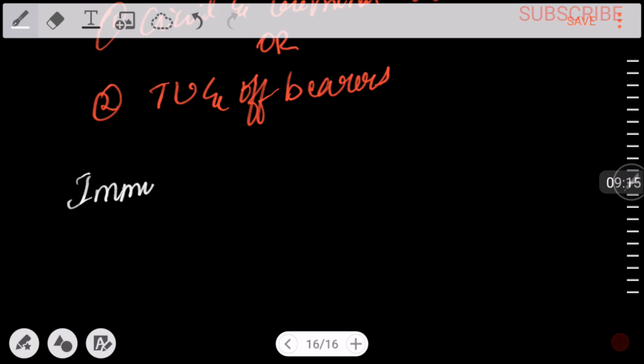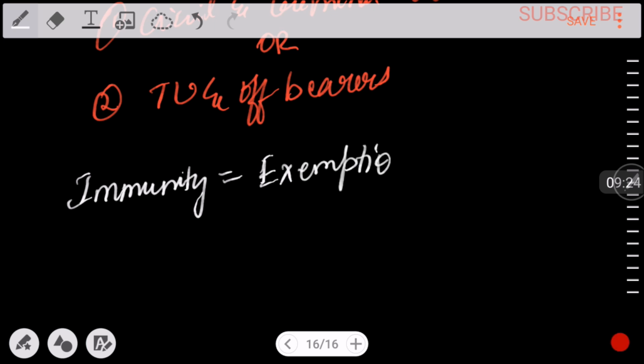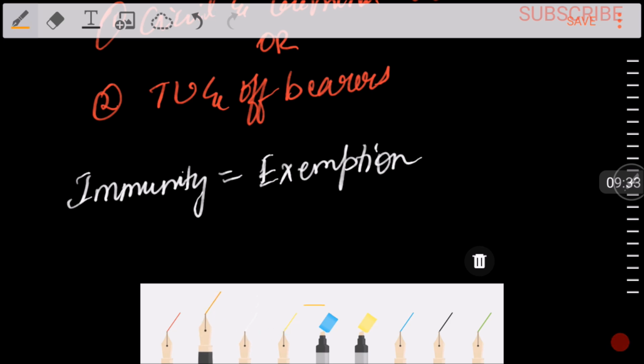So first we'll understand what is the meaning of immunity. Immunity means exemption from any obligation. Immunity from criminal conspiracy.